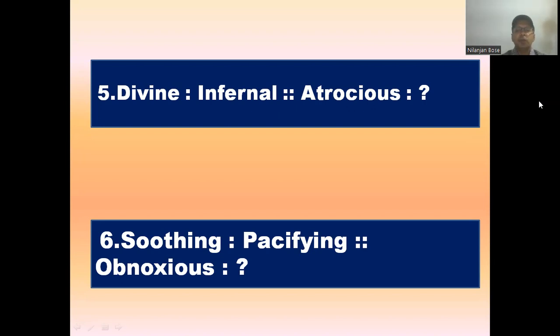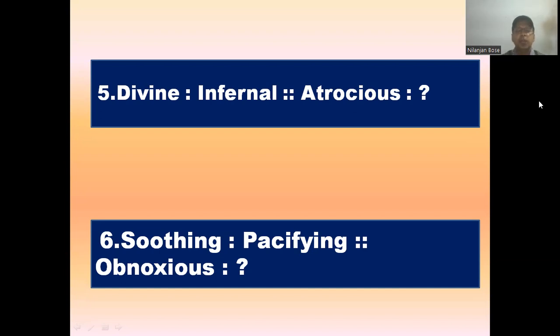First of all, if you are quite sure about the kind of relationship in the first pair of words, the same relationship is going to be implemented in the second pair. And if you get the idea of the words in the first pair, then you should go for the elimination choice.